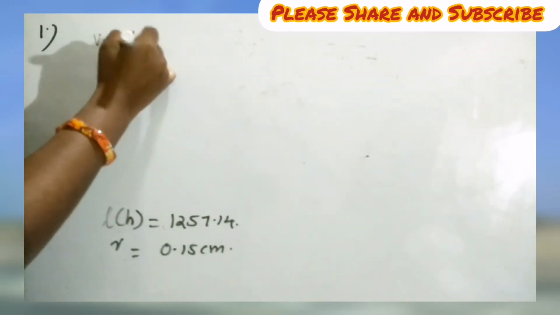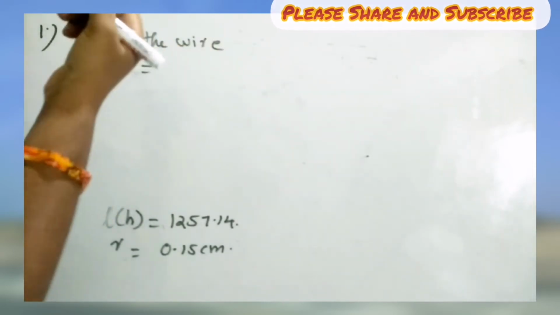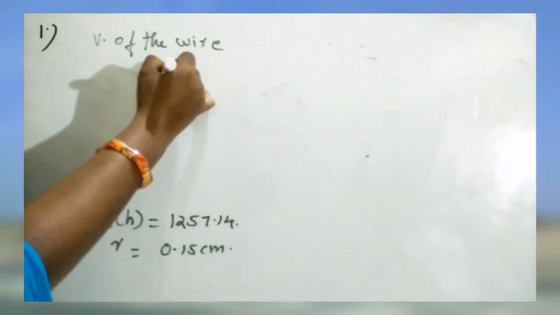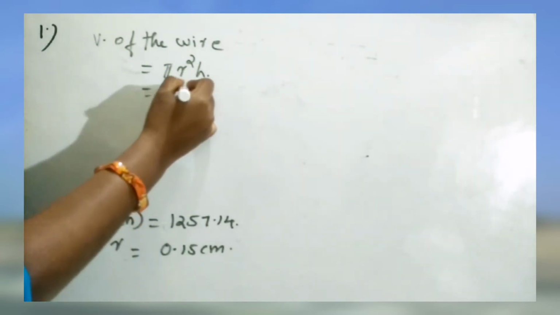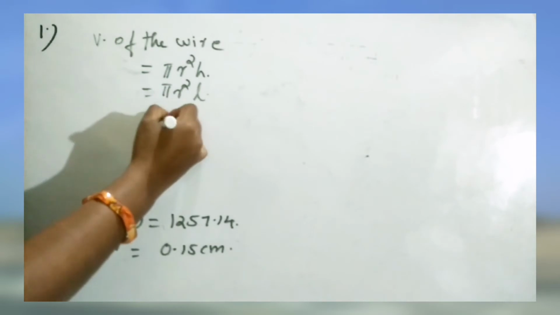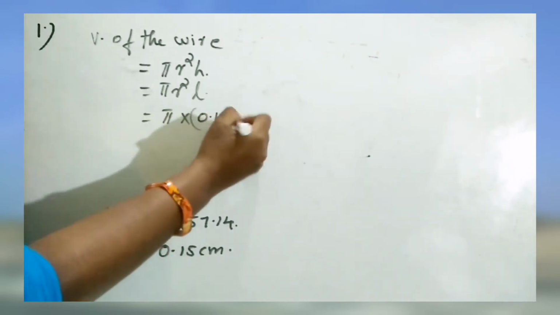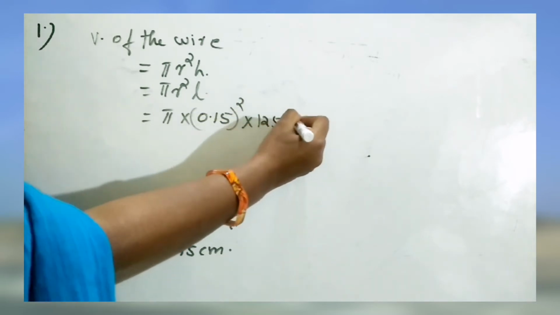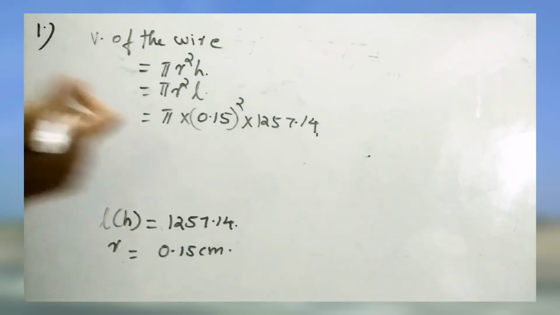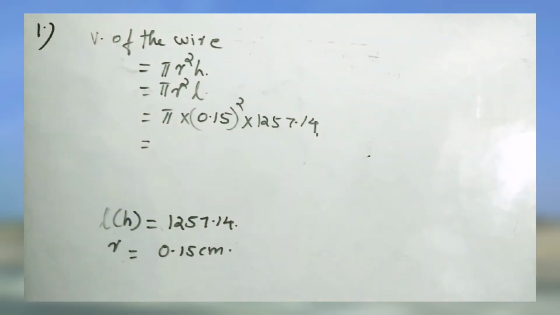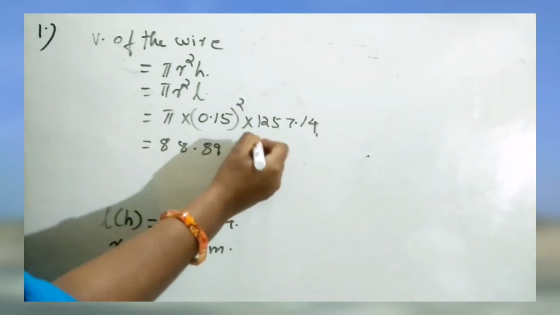Since it is of the form cylinder, volume is equal to pi r square h or pi r square L. That is equal to pi into 0.15 all square into 1257.14. This is equal to 88.89 centimeter cube.